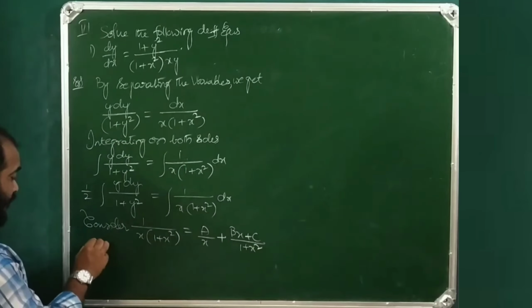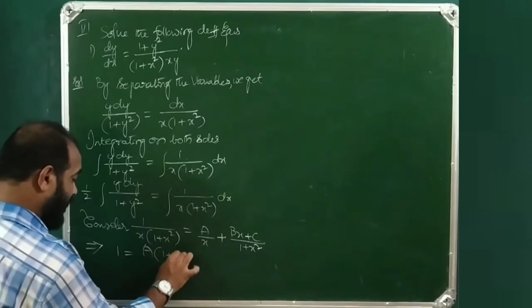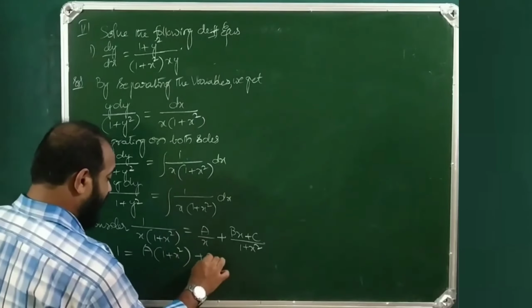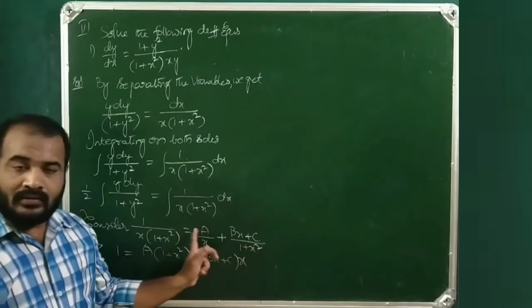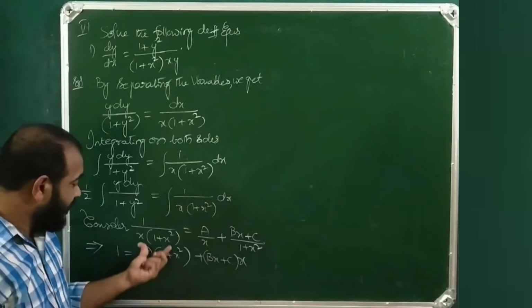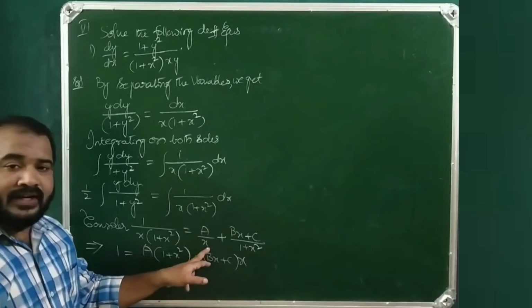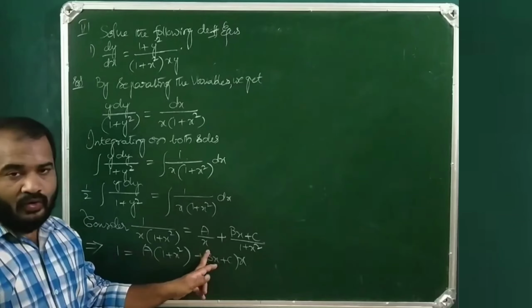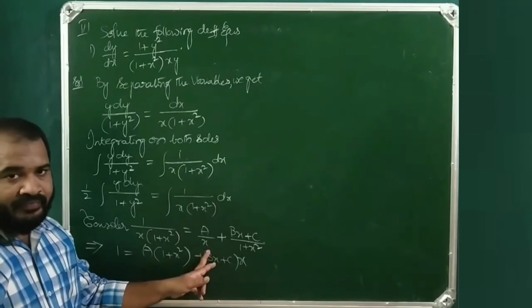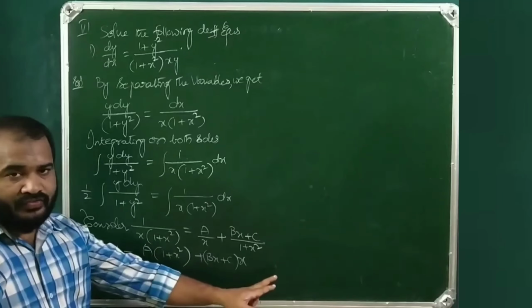So this is equals to 1 is equals to a into 1 plus x square plus bx plus c into x. So taking LCM and cancelling x into 1 plus x square on both the sides, this is what we are getting. X being a linear factor, we may equate it to 0, then we will obtain one of the values of the 3 constants a, b or c.